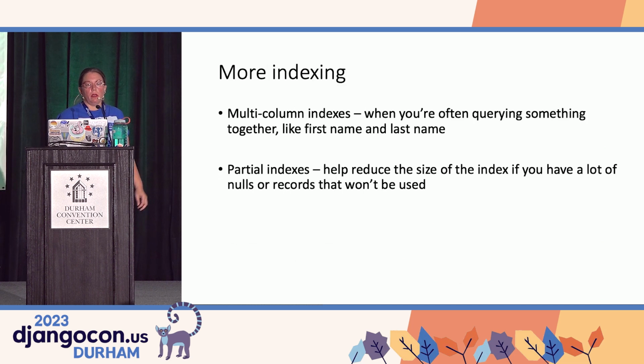And then for application developers, multi-column indexes can be super, super helpful. You can combine things that you query together all the time, like names or things that are obviously always coming together. If you've just dipped your toe into indexing, multi-column indexing is definitely the next step in terms of getting things moving really fast.